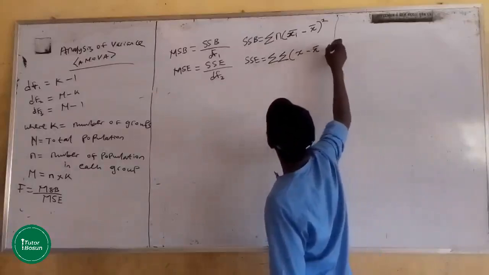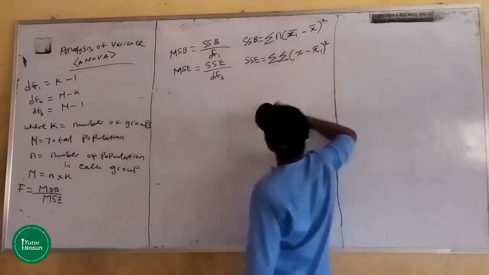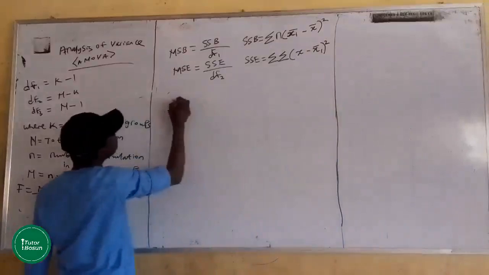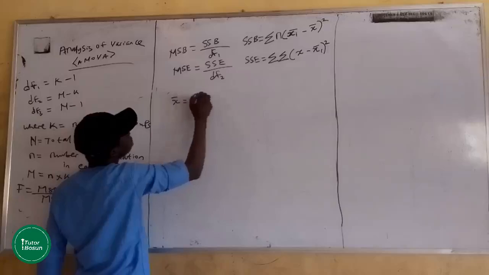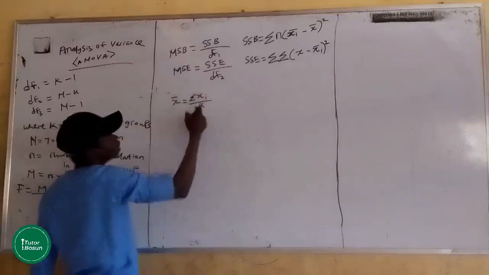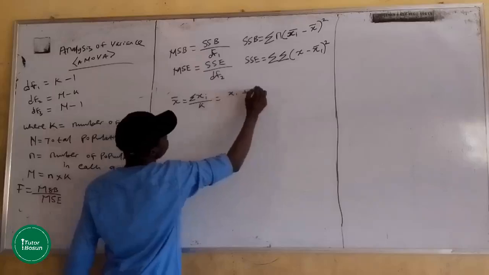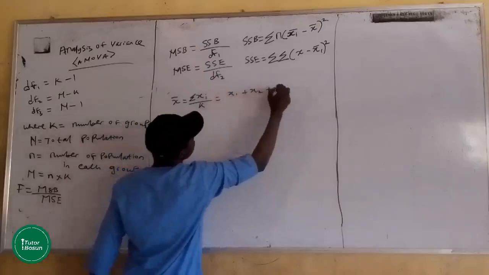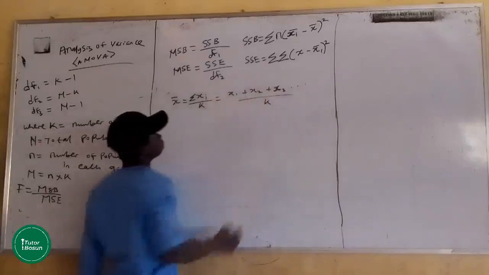the values in each group minus the mean of each group, squared, such that your overall mean x bar is equal to the summation of xi divided by k, the number of groups, where the xi are x1 plus x2 plus x3 and so on up to xk, divided by k.